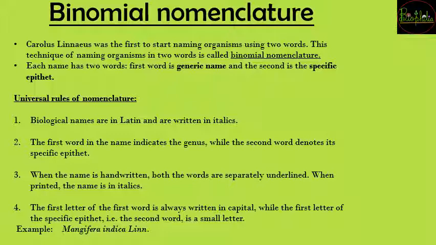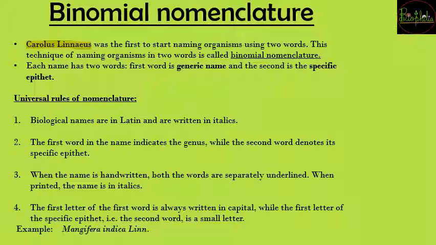Now let's understand a term that is binomial nomenclature. Binomial nomenclature जो है that was first introduced by Carolus Linnaeus. Carolus Linnaeus का पूरा नाम था Carolus von Linnaeus. Now why did he change or shorten his name to Carolus Linnaeus is a story by his work.